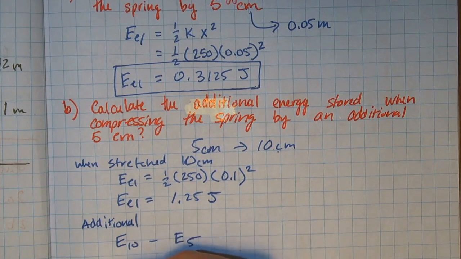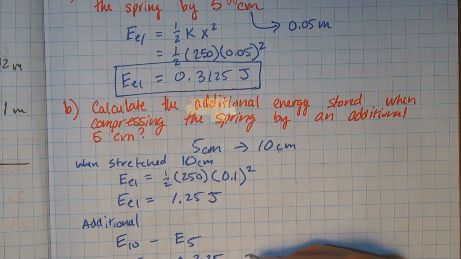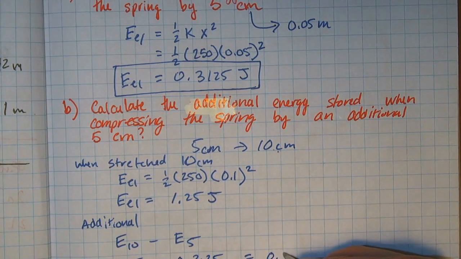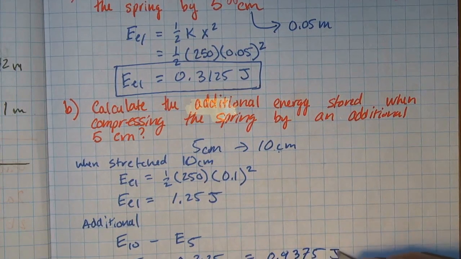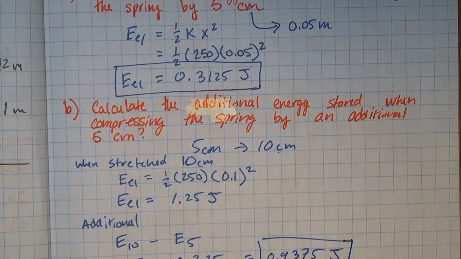So that's going to be 1.25 minus 0.3125, and that's going to give me 0.9375 joules worth of energy. And that's how much additional, which is kind of a weird way to add that.